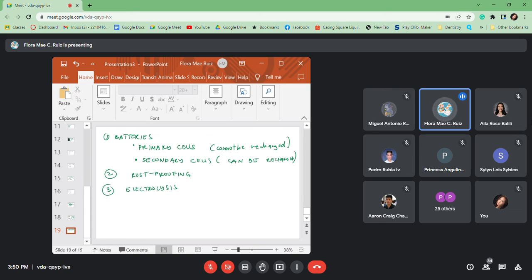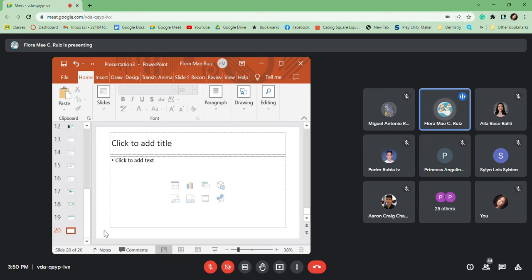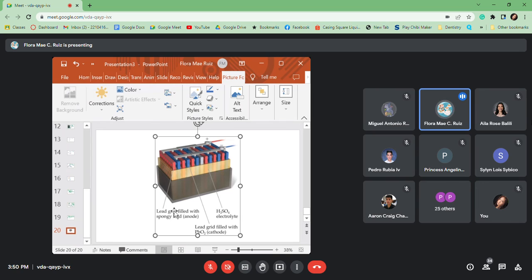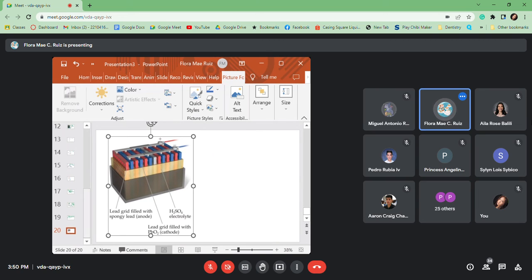Okay, so some examples of batteries: we have your lead acid battery. The reactants and products, as you can see, are solids. For this, you have lead and your sulfuric acid. The potential is independent of the concentrations.